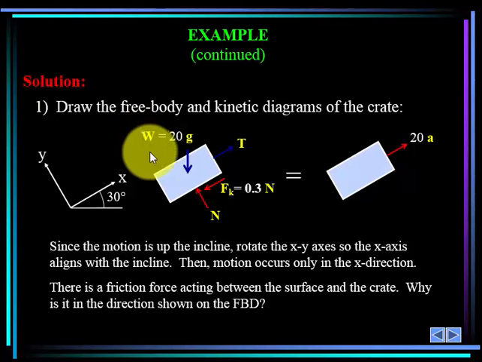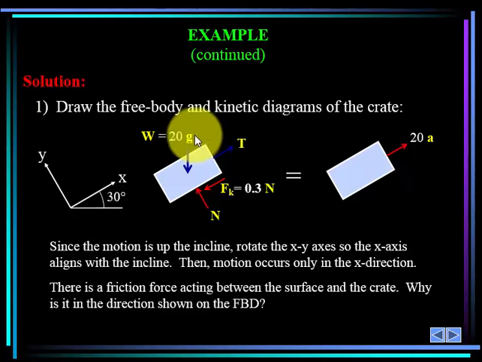We were told that we have a mass of 20 kilograms, and this G, and maybe it's a touch misleading, this G is the value of the gravitational acceleration. So weight is equal to M times G, mass times gravity.